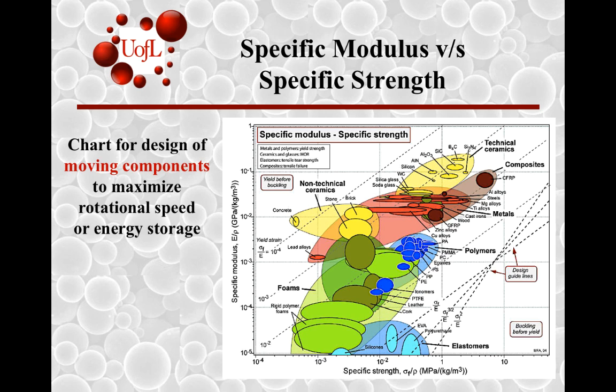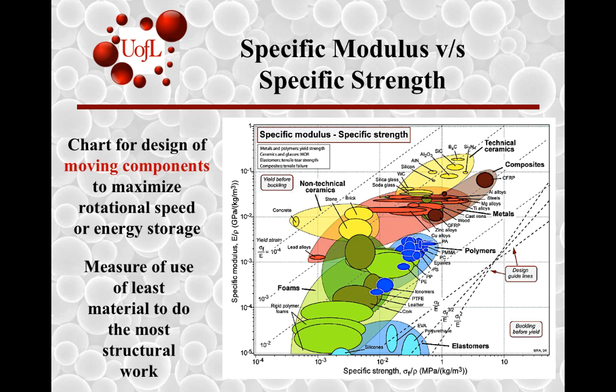But these property charts will come in handy for something like that. This plot allows us to provide a measure of the least material to do the most structural work. And you can see that the composites become even more of a priority than before. Metals overall have now moved down in priority.